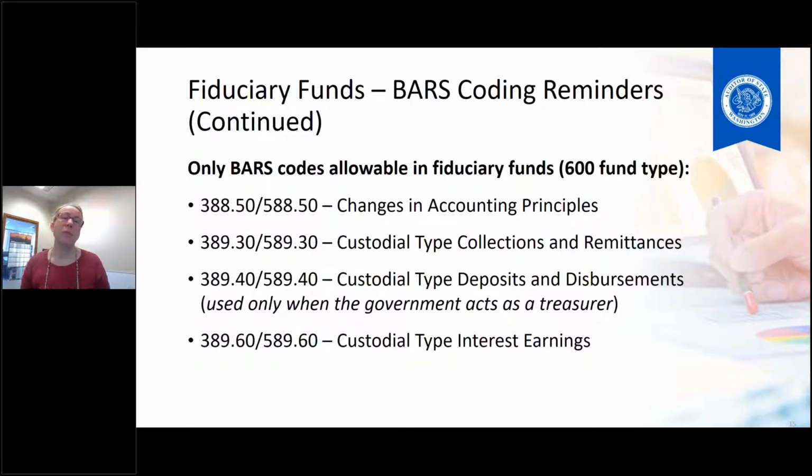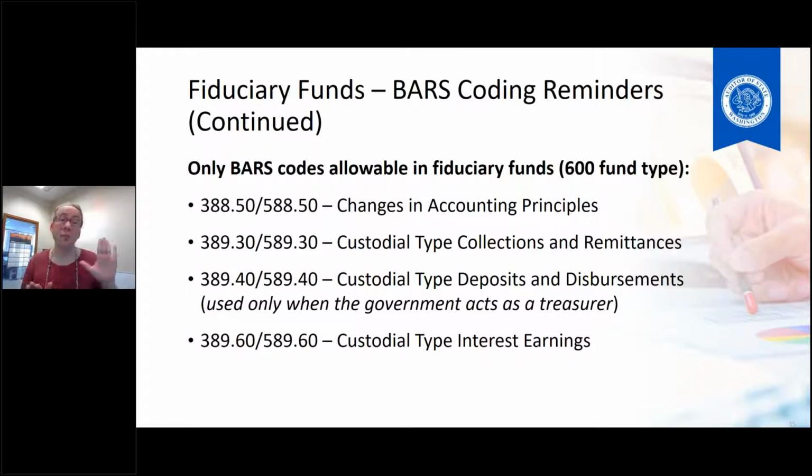This is only used if there is a significant change to the BARS manual and cash basis accounting that requires you to move funds. For example, fiduciary activities. We had some activities that had previously been reported in our fiduciary funds that under this new standard no longer qualified.